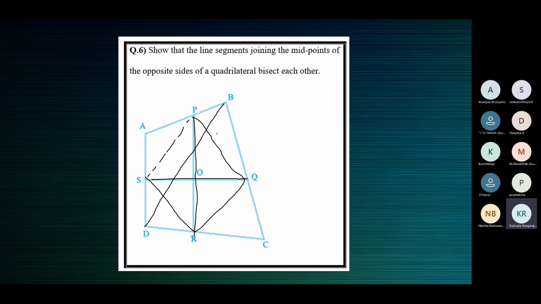It should have BD, and then the remaining two sides must have known midpoints. We know that P, Q, R, S are the midpoints of the sides. So triangle ABD has the diagonal BD, and the sides AB and AD whose midpoints are known.